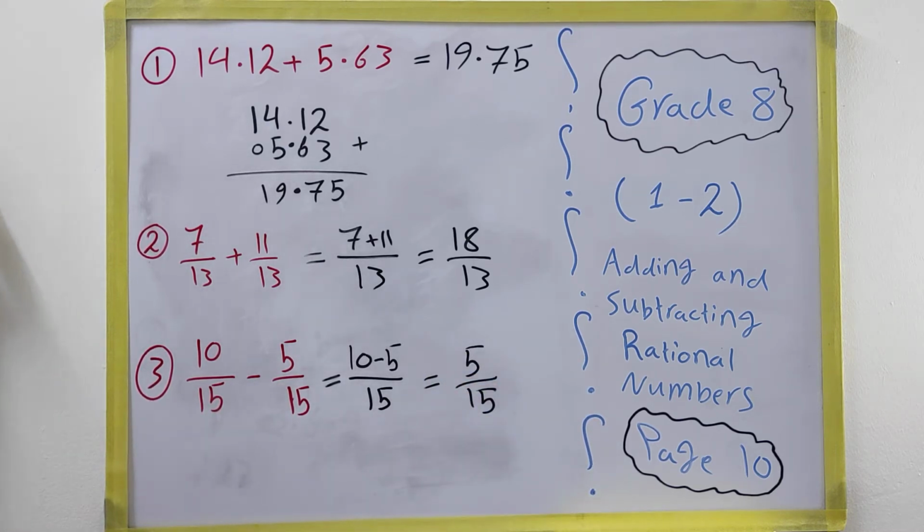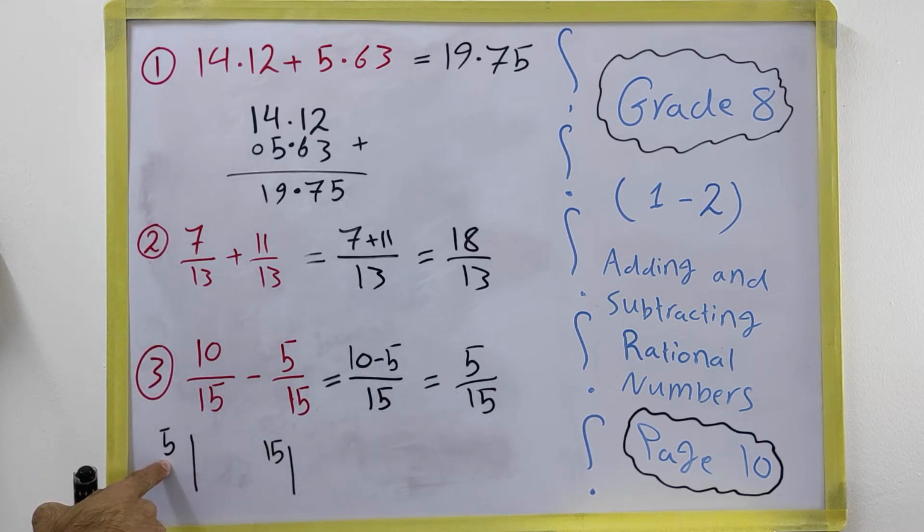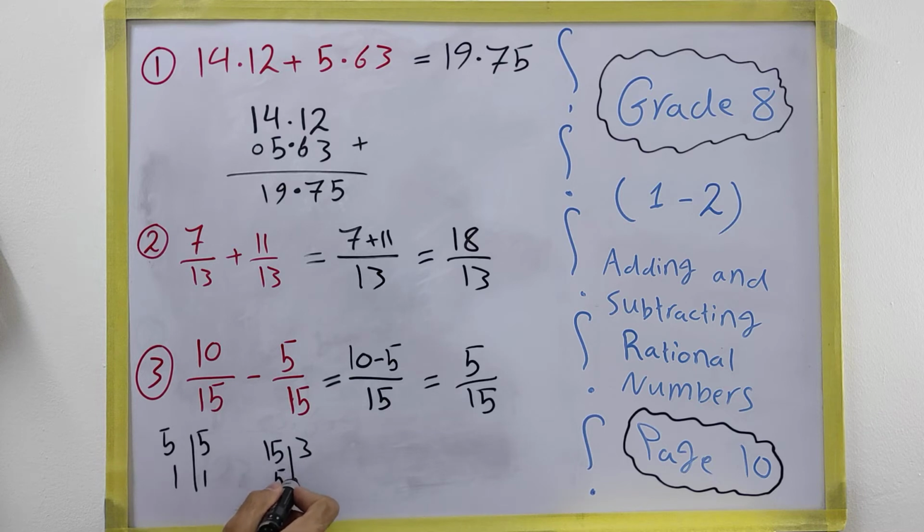5 over 15 can be simplified more. We studied simplifying, so you can do that. Here we have 5, and here we have 15. 5 divided by 2, no. By 3, no. Just by 5 equals 1. 15 divided by 2, no. Divide by 3, yes, the sum of the digits is 6, so it can be divided by 3 and equals 5.